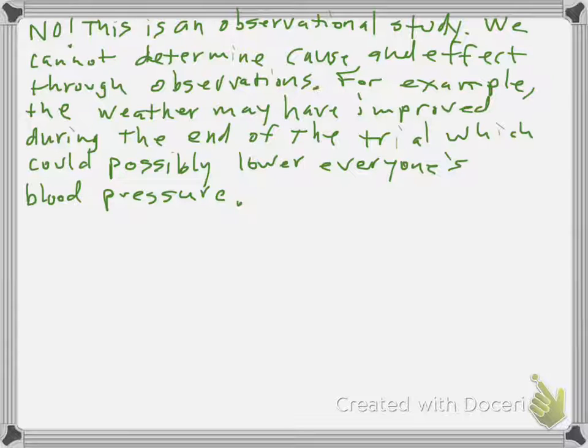And now maybe you have measured a lower blood pressure, but is that the result of the drug, or is that the result of the weather? It would be really hard to tell through this poorly designed study, which is exactly why we cannot determine cause and effect through an observational study.